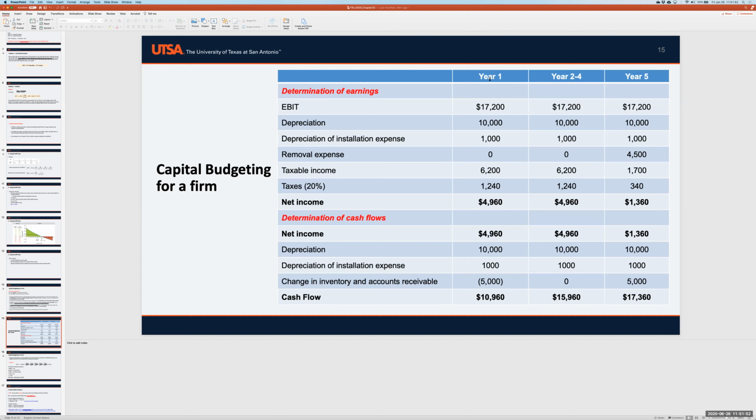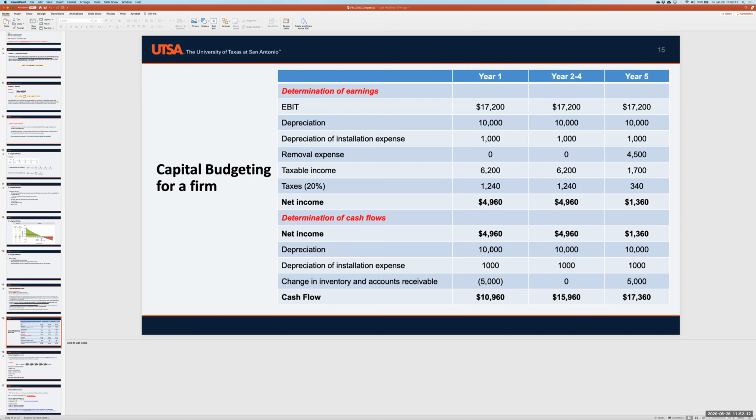So for year 1, we calculate net income based on the EBIT, earnings before interest and tax, and you take into consideration depreciation, installation expenses, removal expenses, all these values, and you will find net income.